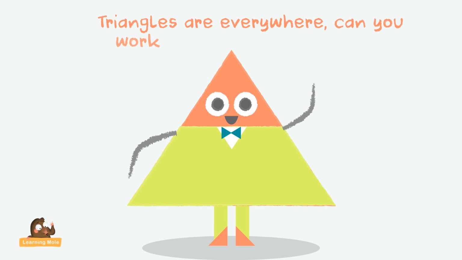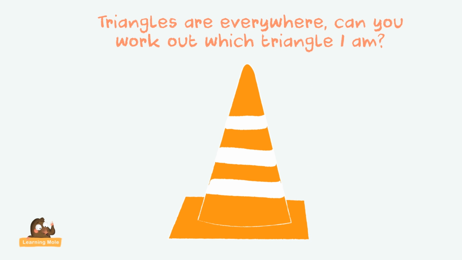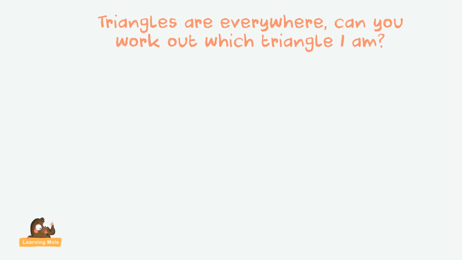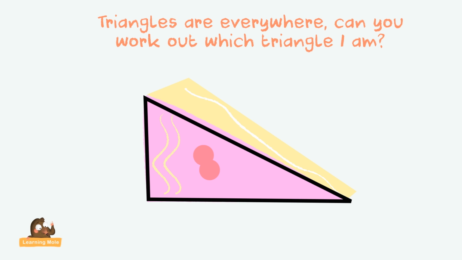Triangles are everywhere. Can you work out which triangle I am? You're right, it's an isosceles triangle. You're right, it's a right angle triangle.